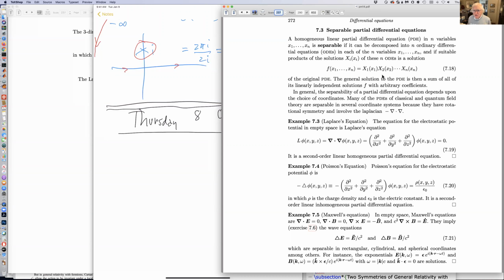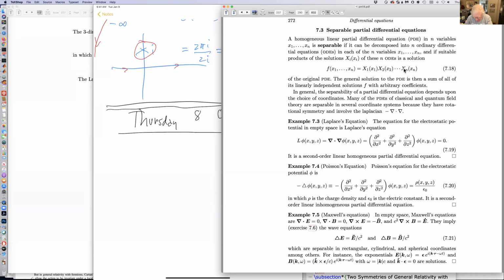And that happens when you can write the function of several variables as the product of functions of single variables. And then the partial differential equation becomes a set of ordinary differential equations, one for each x. So we would have, in this case, n ordinary differential equations.